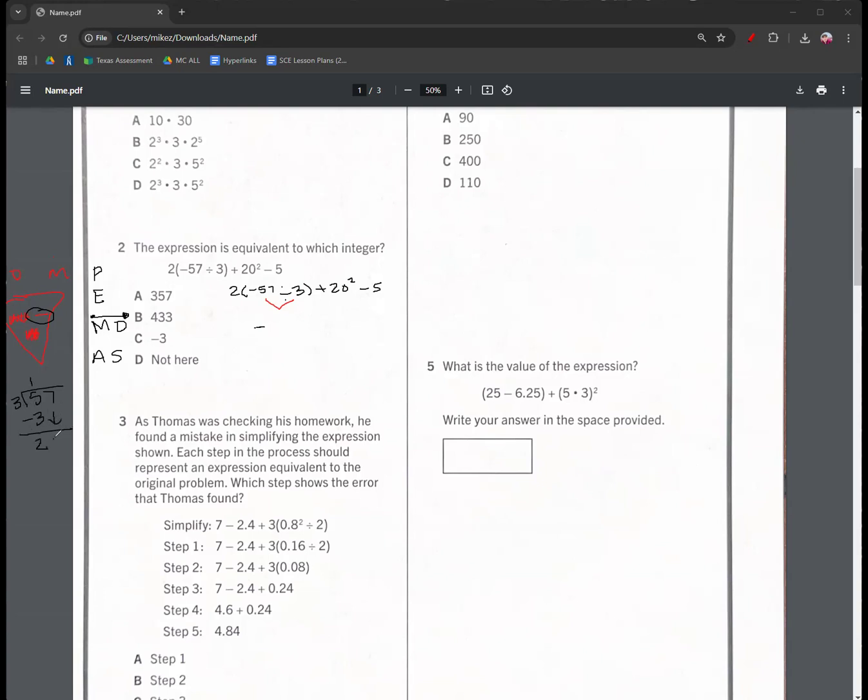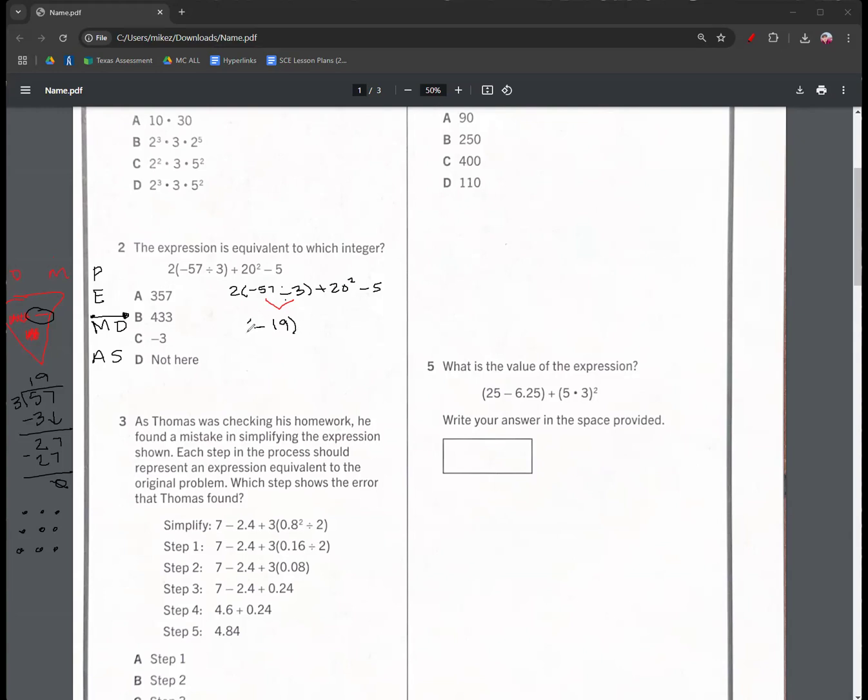Bring down the 7. Now, how many times does 3 go into 7? You have 3, 6, 9, 12, 15, 18, 21, 24, 27. So it goes in 9 times. 9 times 3 is 27. And that's what we'll be subtracting. So my answer was 19. So that part was negative 19.